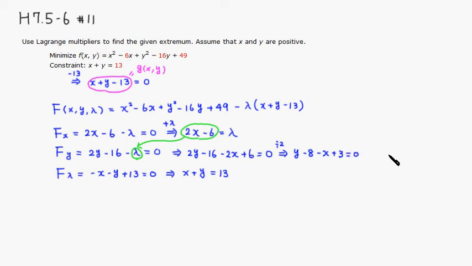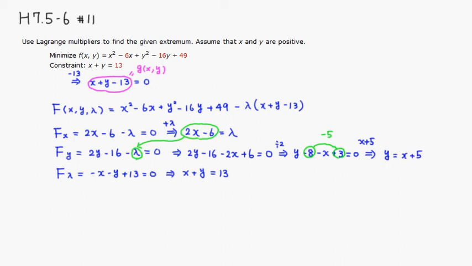Combining negative 8 and positive 3 gives negative 5. Adding 5 and x to the other side, y is equal to x plus 5.